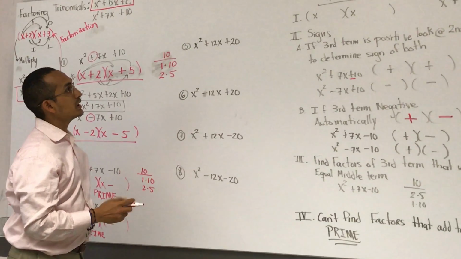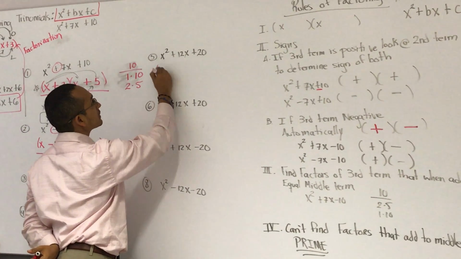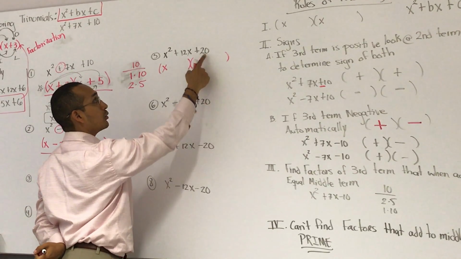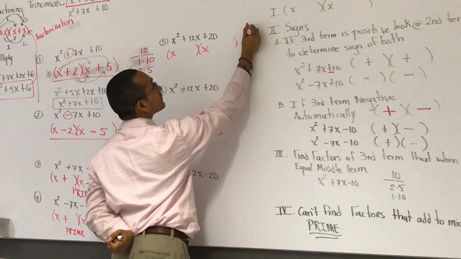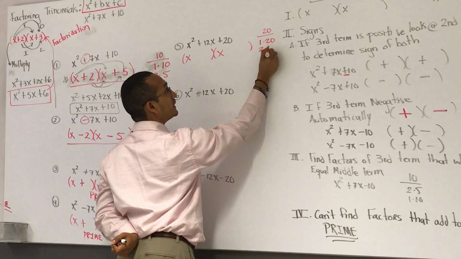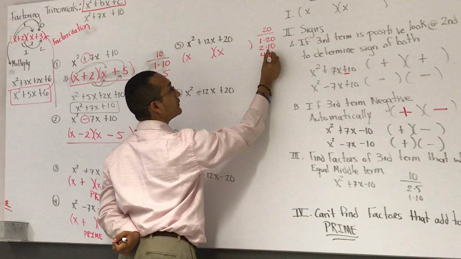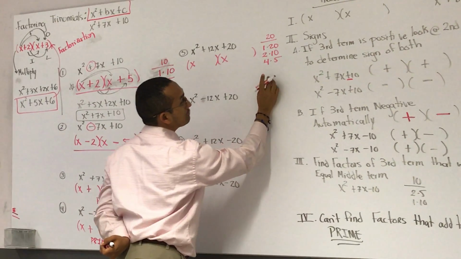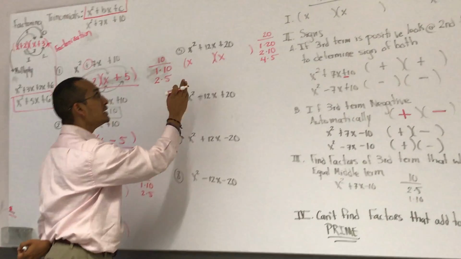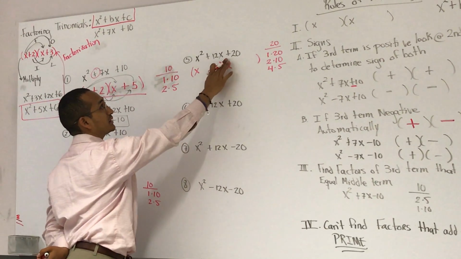In this one, step 1. Parentheses, parentheses, x and x. What are the factors of 20? 1 and 20, 2 and 10, 4 and 5. That's it. We're done. So let's look at the signs, right?